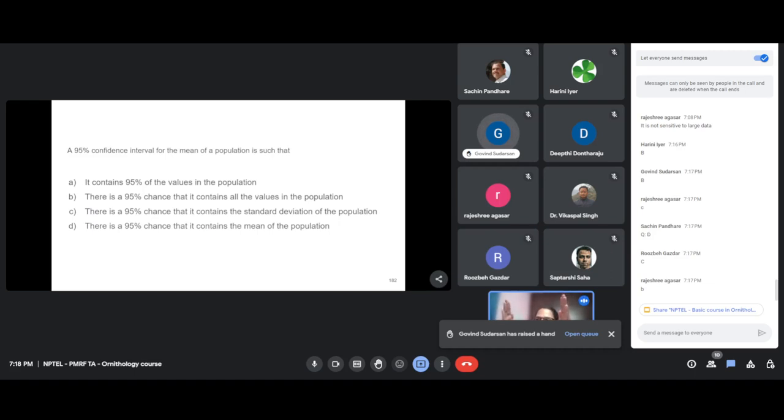You have different cutoffs, this alpha value or something like that, and if your value lies between the confidence interval, it means that there is a 95% chance of your value lying within the range, right? So if it is outside the range, it is an outlier, if that makes sense.